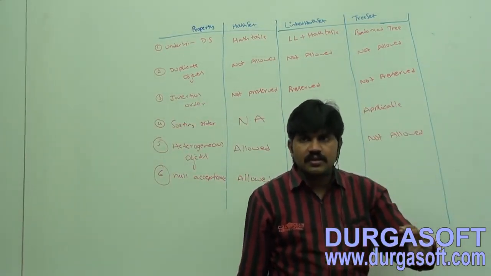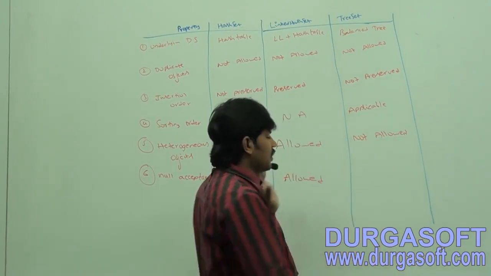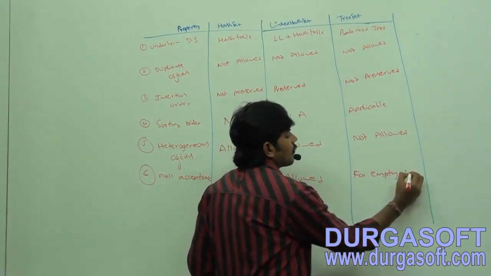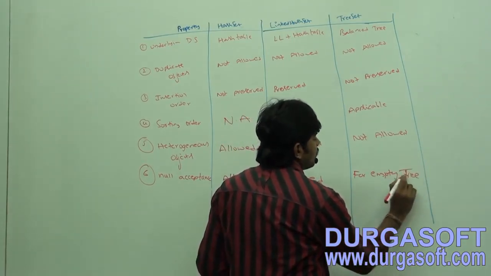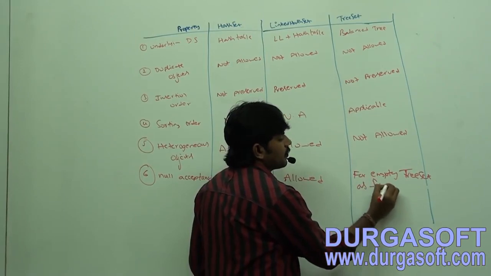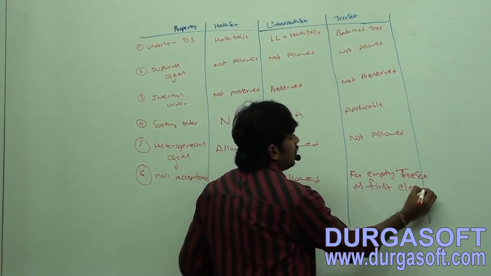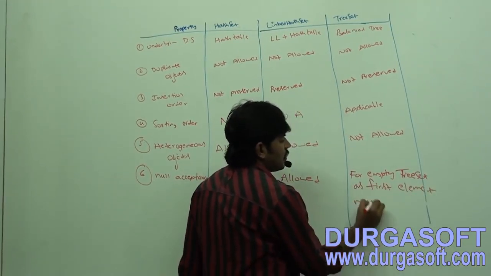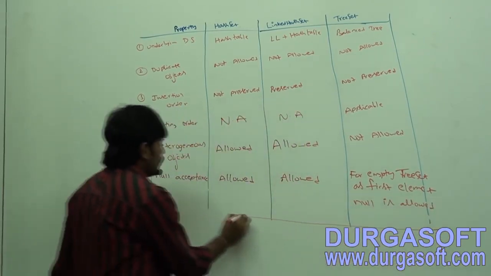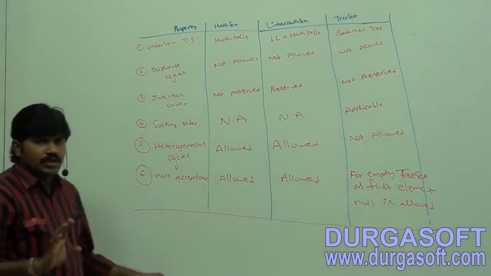For an empty tree set, as the first element, null is allowed. Are you able to understand that?